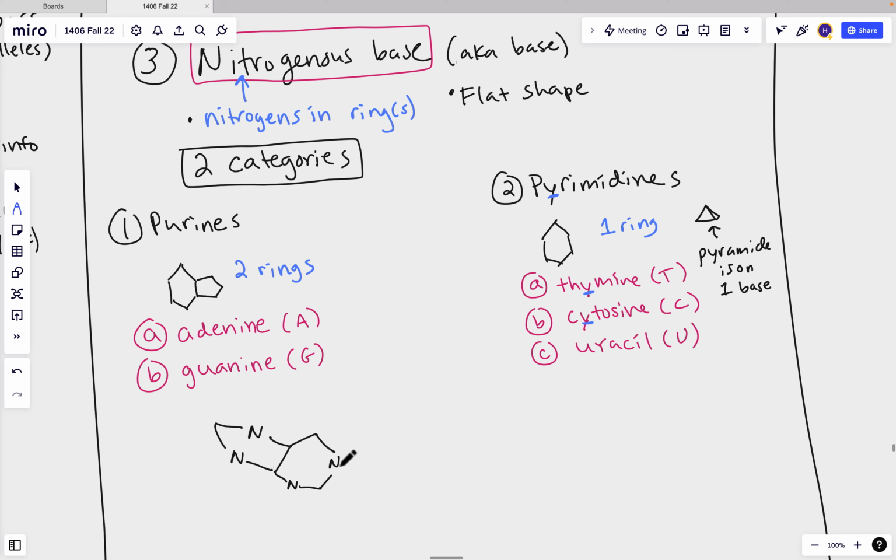Yeah, that's technically 6-sided. Not the greatest, but got some double bonds in there to make the electrons shared. And so then you can see those nitrogens in the ring there. That's the nitrogenous base.